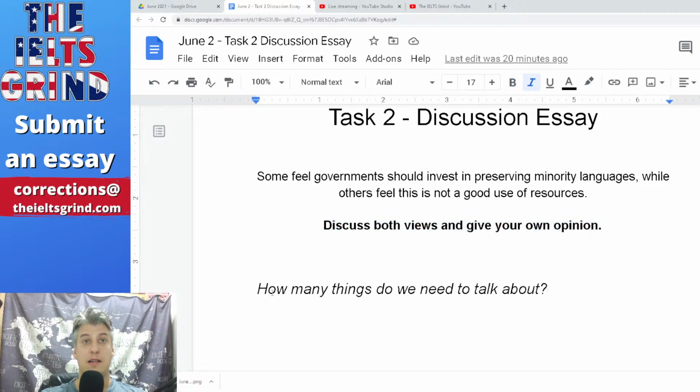Okay, so how many things do we need to talk about here? Well, it says discuss both views, so that's 2 things right there. We have to talk about one view, which is some feel that the government should actually invest money into preserving these languages, and the second view, people think we should spend money on something else.